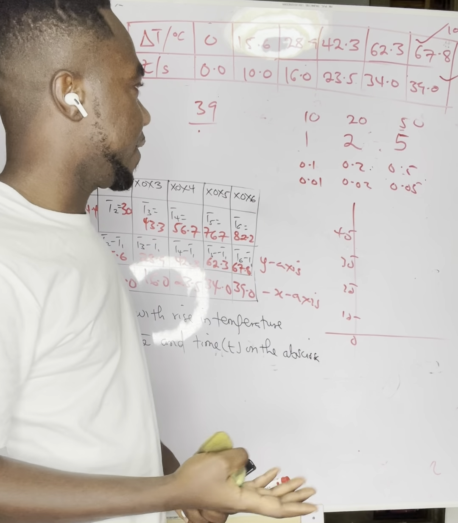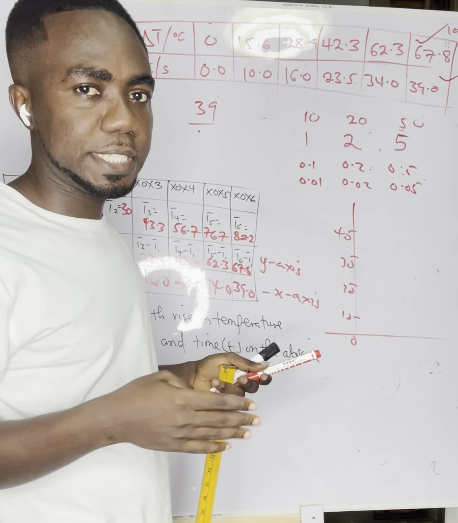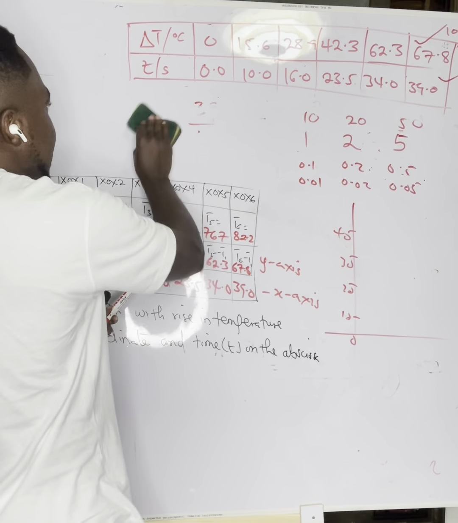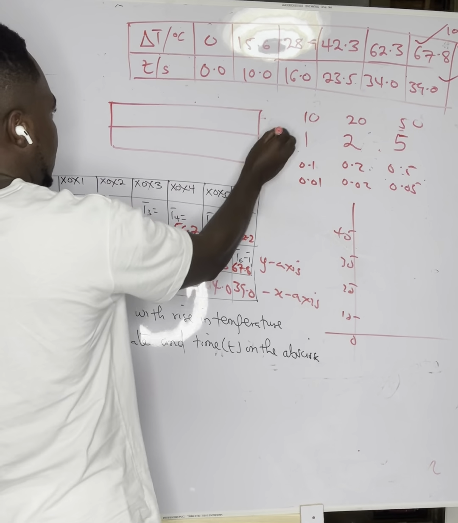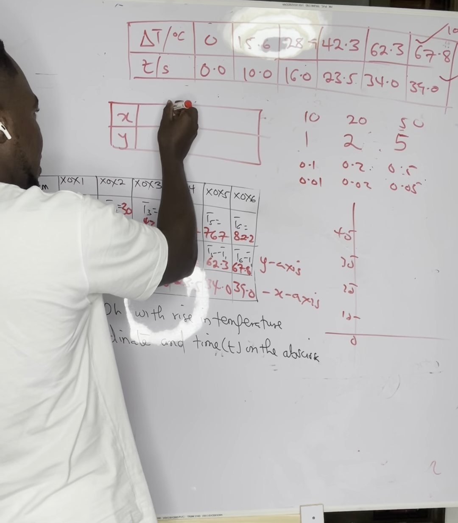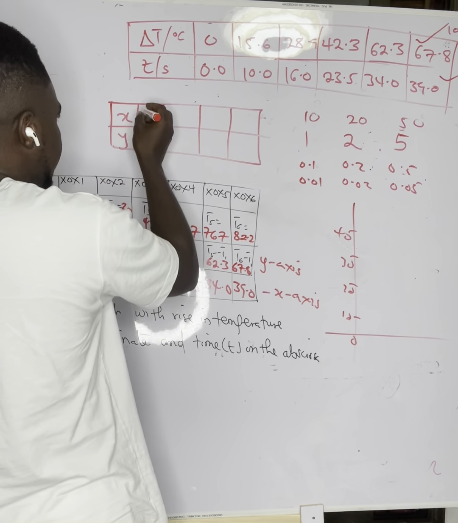But some questions come with the values of both s and y very close to each other. For example, assuming I have a table like this of x and y with values, say 51, 52, 54, 55, or say 57, and here 11, 13, 14.